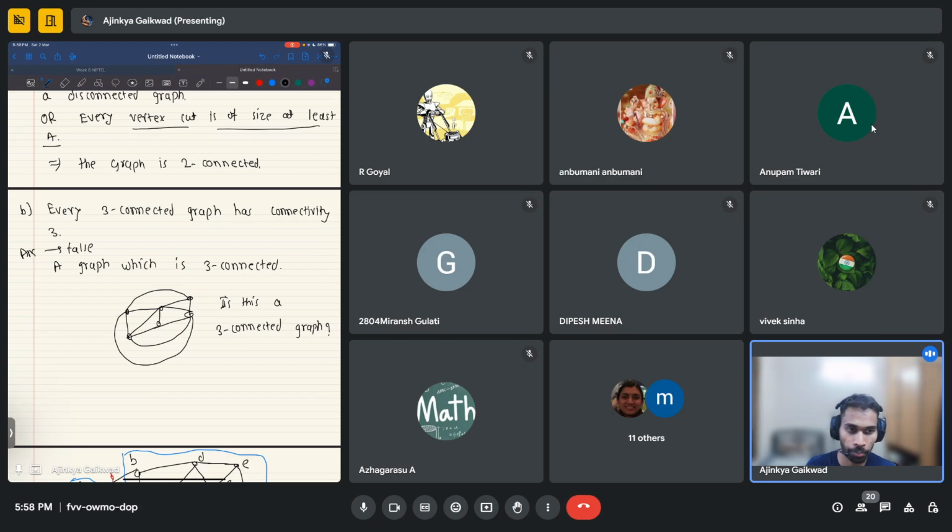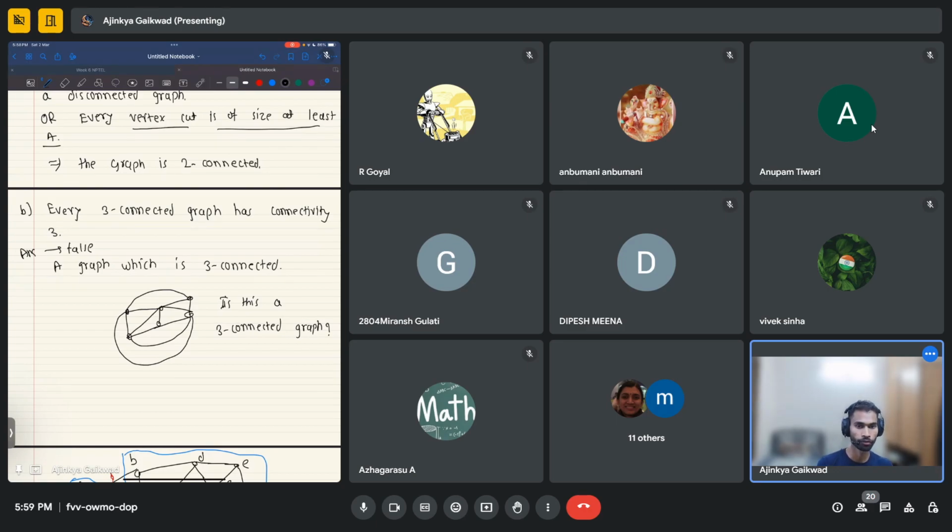So what is the meaning of a three connected graph? If I remove two or less than two vertices, any two vertices or less than two, the graph still remains connected. Can you find a disconnecting set of size 2 here? Right, so the question is clear: is this a three connected graph?